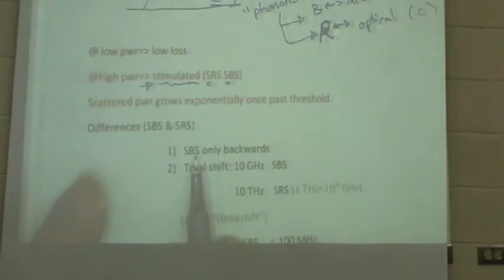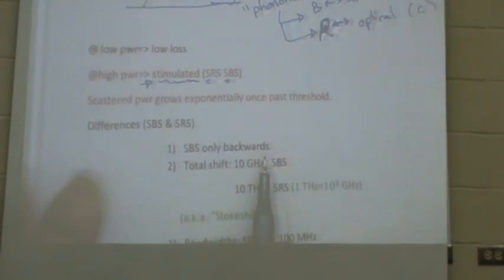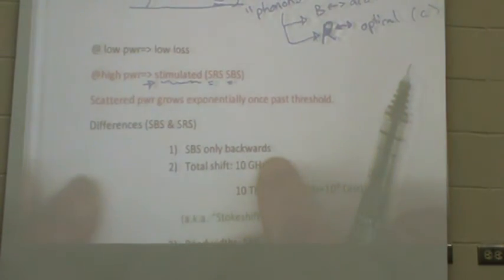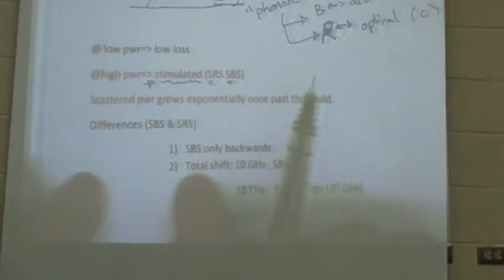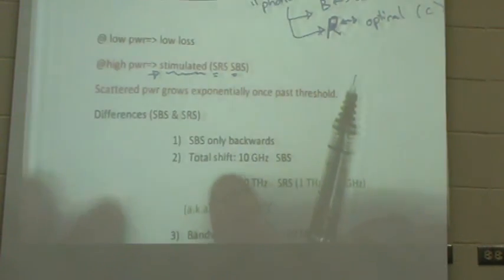In Brillouin scattering, the wave only comes backwards. So this is the case where, as I said, you want to send a lot of energy down the fiber, but as you crank more and more energy into it, suddenly it all starts scattering back at you. That's Brillouin scattering that's making that happen.